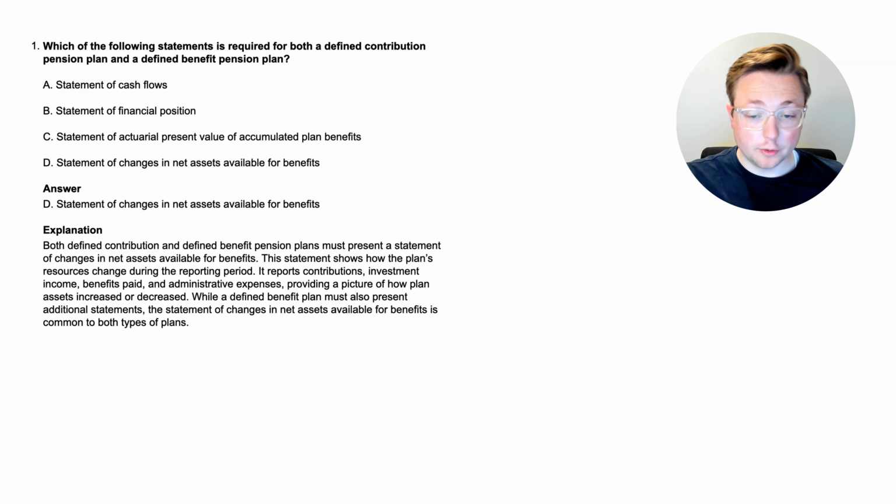It reports contributions and investment income, which increase it, and benefits paid and administrative expenses, which decrease it, providing a picture of how plan assets increased or decreased. While a defined benefit plan must also present additional statements, which we'll talk about in a bit, the statement of changes in net assets available for benefits is common to both types of plans. With that, let's go to the next question.